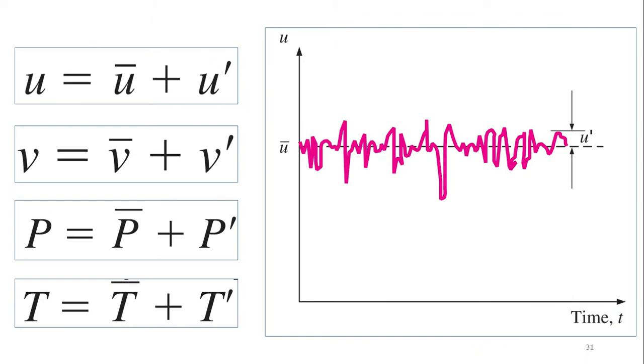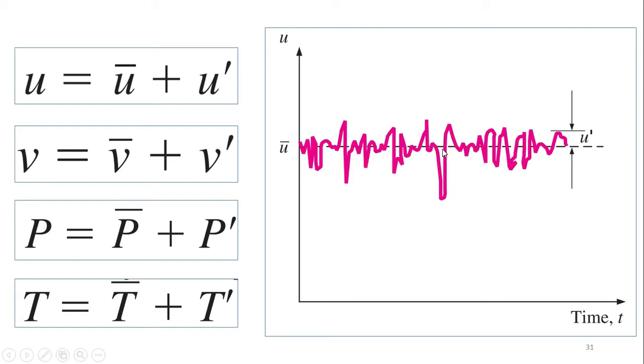This diagram shows the variation of the instantaneous velocity component u with respect to time; this is the mean value of the velocity component, and this is the fluctuating component. The magnitude of the mean velocity is very high, while the fluctuating component is sometimes high in this direction and sometimes very low.